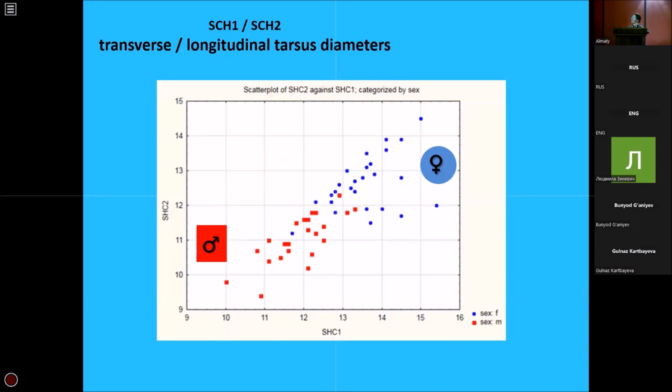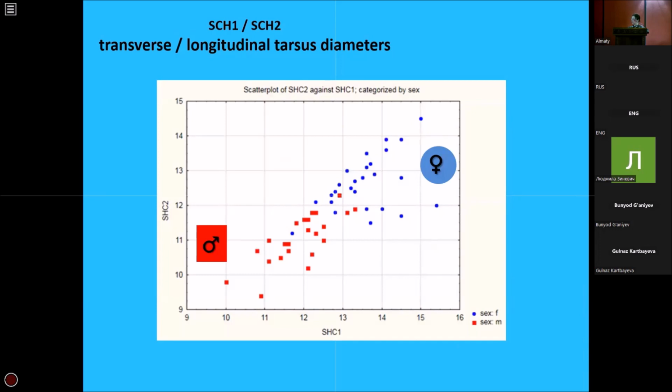Males and females form two clouds, and they overlap a little, but they do overlap. So taking only tarsus diameters isn't enough for sexing. So we have to use some other body sizes.